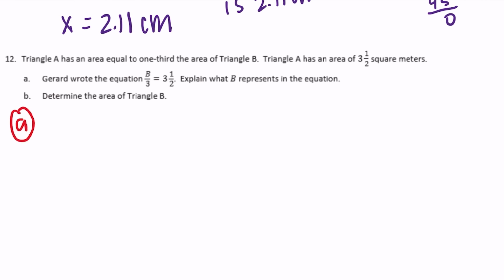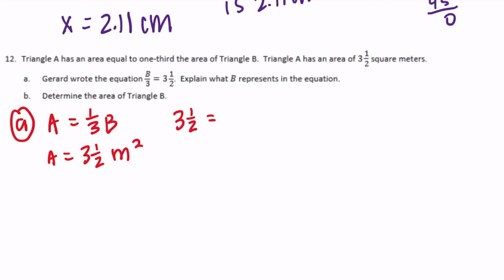Sometimes if a question's a little confusing, we know that triangle A has an area equal to 1/3 of triangle B, and A is equal to 3.5 meters squared. So we could say that 3.5 is equal to 1/3 of B. But what it looks like they've done is they just put B over 3, which is the same thing. Finding 1/3 of B is the same thing as doing B divided by 3.